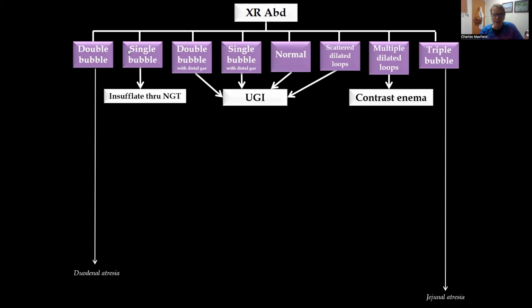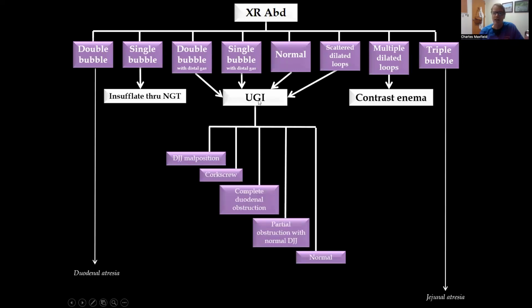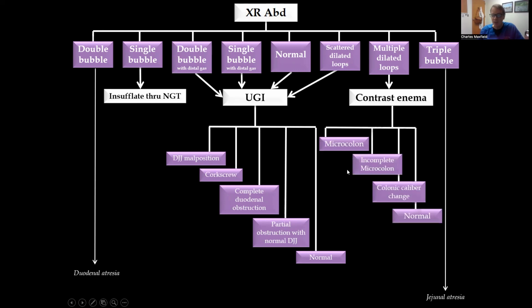Okay, so that's how I manage these 8 patterns. And once I do, remember that 4 of the 8 patterns led to an upper GI. And we're going to talk about the upper GI appearance. That's even easier than plain films because instead of 8 patterns, there were only 5. Again, no matter how weird it looks, you should be able to assign one of these 5 patterns. For contrast enema, there are only 4 patterns.